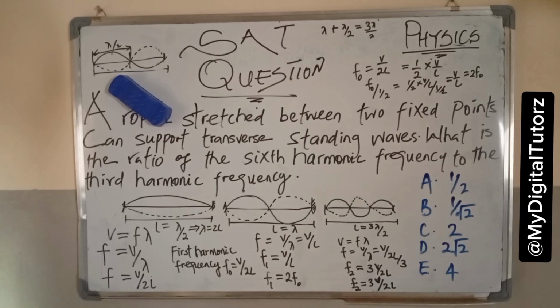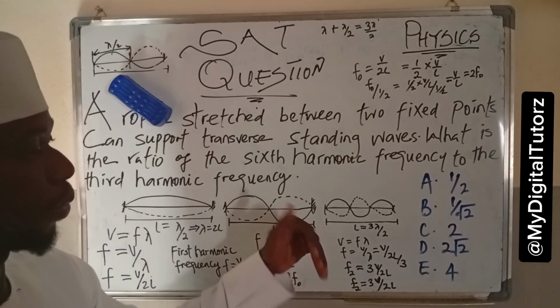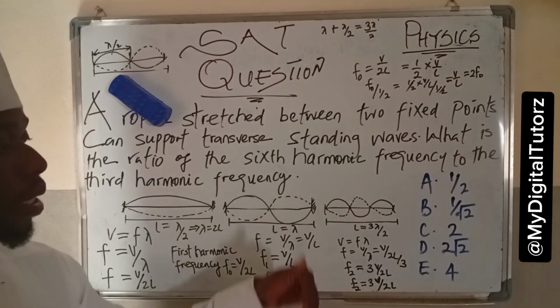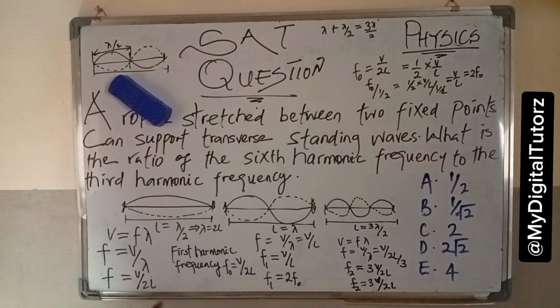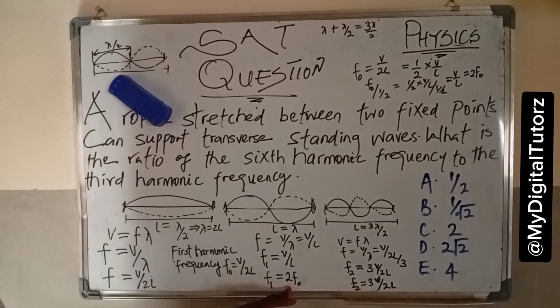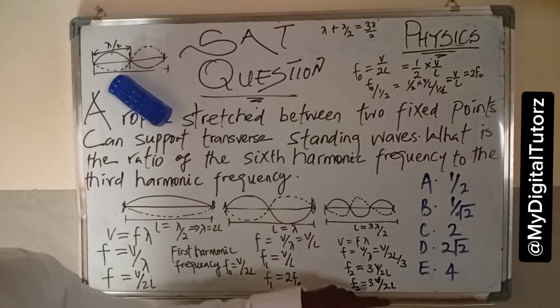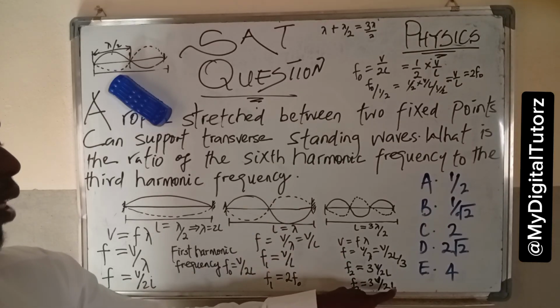So as you can see, there's a kind of progressive increment as we move from first harmonic, second harmonic, third harmonic. Our first harmonic is this. Second harmonic is 2 multiplied by the first harmonic. Third harmonic is 3 multiples of the first harmonic.